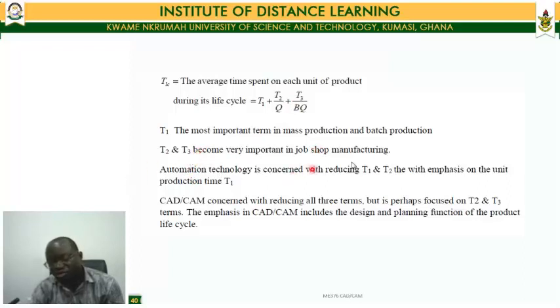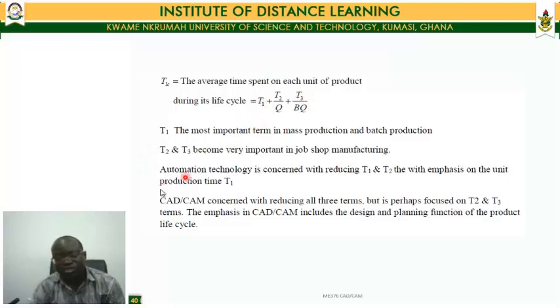For a job shop production, it is also very important because sometimes for just a single product you are producing in a job shop, the design time can take a very long time, spanning from a couple of months to a number of years. Okay, for mass production, the designs are very simple, so this T3 is not so critical.